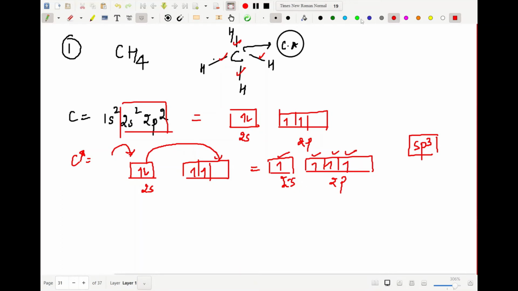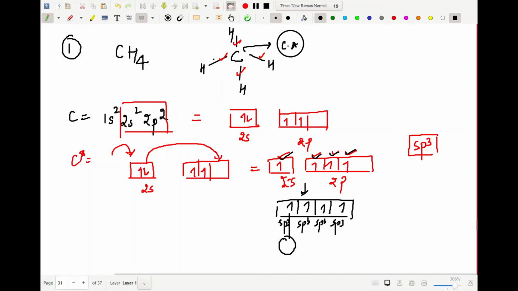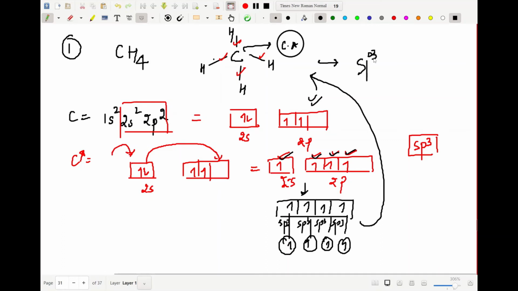So 1s and 3p are going to hybridize to form 4 sp3 hybridized orbitals, each having one electron, and these are going to finally bond with hydrogen atoms, which also have one electron each, and that is going to result in your methane molecule. So the methane molecule has sp3 hybridization, and the shape here is tetrahedral.